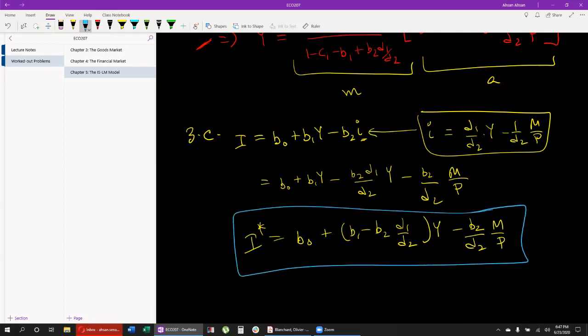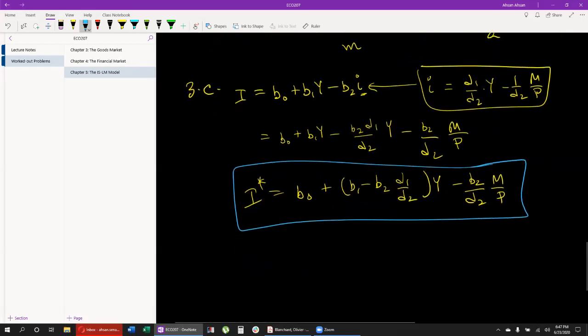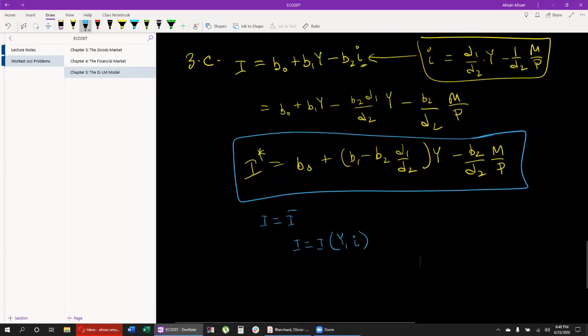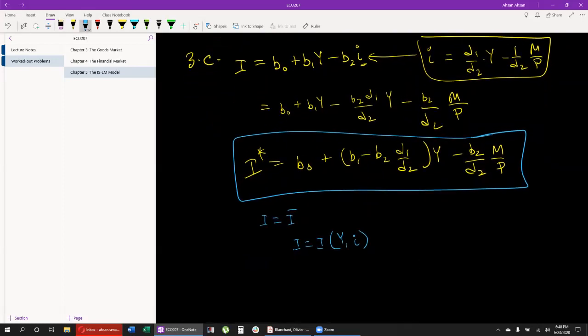We started off with assuming that investment was fixed. And so effectively what we had was that investment was fixed. Then we relaxed some assumptions. We wrote down investment is a function of y and I. But once we did that, y was changing.